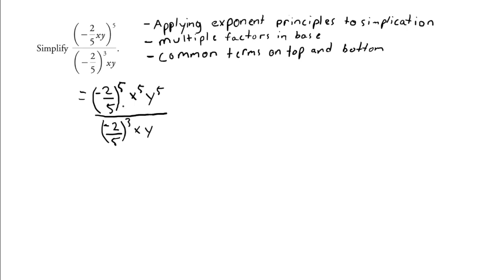So what happens is we subtract the exponent at the top by the exponent at the bottom, right? Because each of these terms are exactly the same, top and bottom, and the negative. So all we have to do is take 5 minus 3 and we're left with 2. It's a positive 2, which means it's at the top.